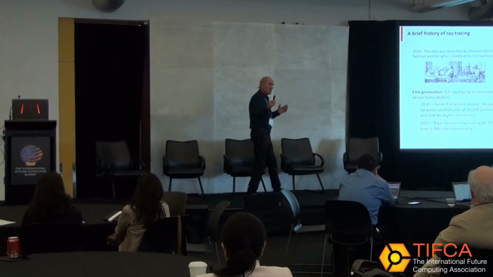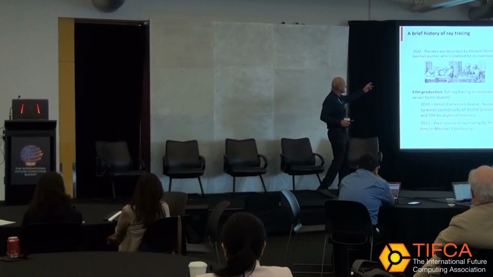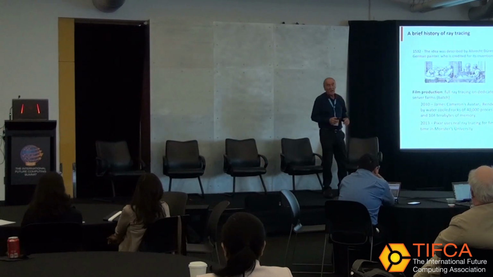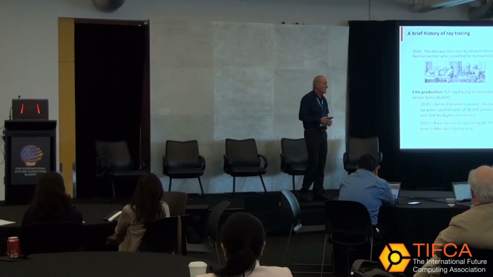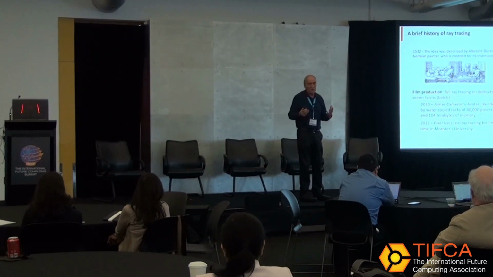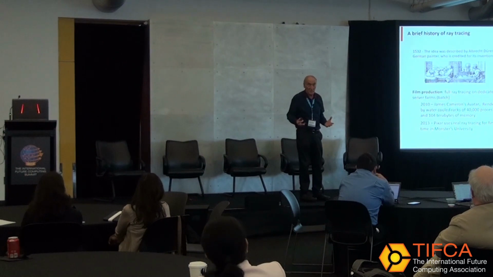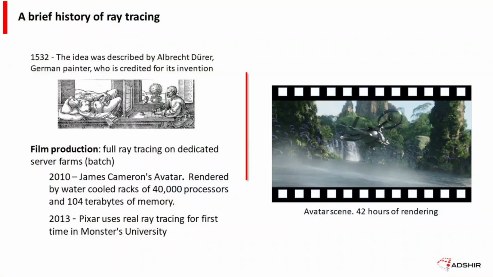So a little bit about the brief history of ray tracing. This is old stuff. In the 16th century, a painter by the name Dürer actually invented ray tracing. He didn't know that this is ray tracing, but that's exactly what he invented. So the idea is the same idea as today. This is the painter looking at the scene through a grid.